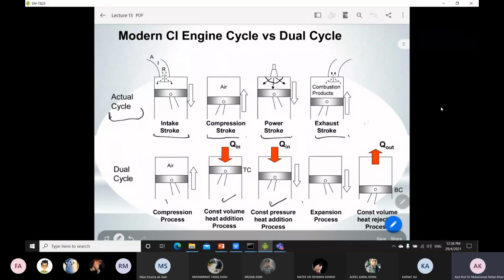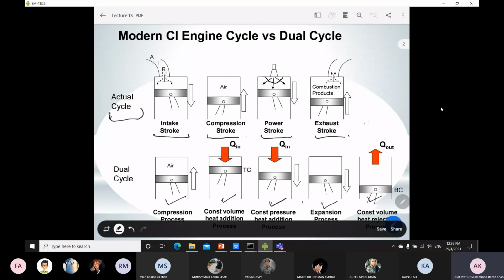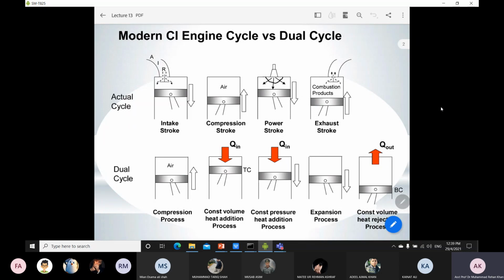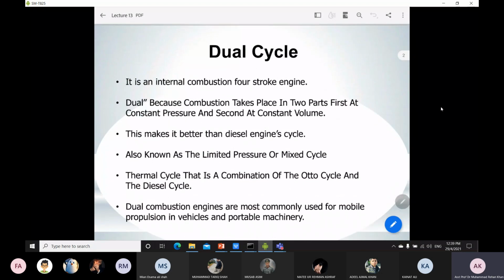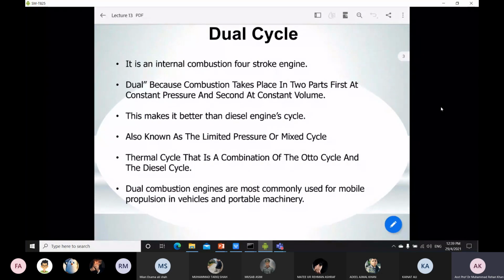The rest of the processes are the same. The compression process is there, the expansion process is there, and the constant volume heat rejection process is also there. Now we will see some different advantages and where we have to use the dual cycle in our daily life.